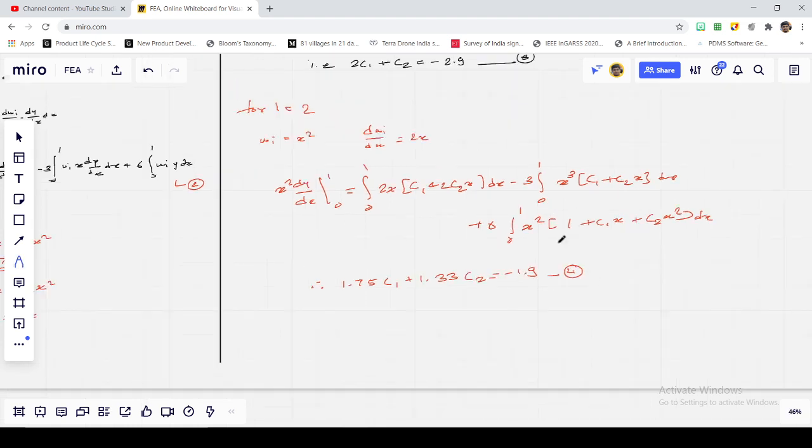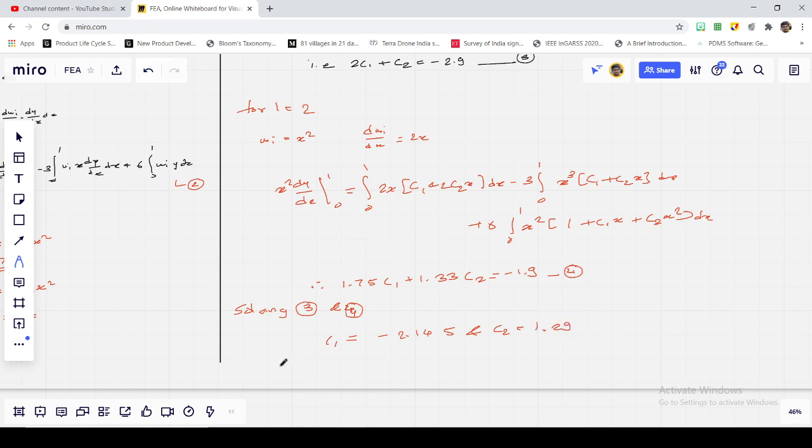Now solving these two simultaneously, 3 and 4. So approach is similar, we have just changed the value of r. So you will get c1 is equal to minus 2.145 and c2 is equal to 1.29.